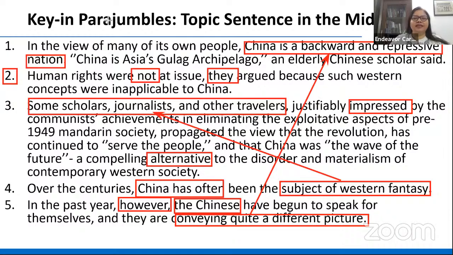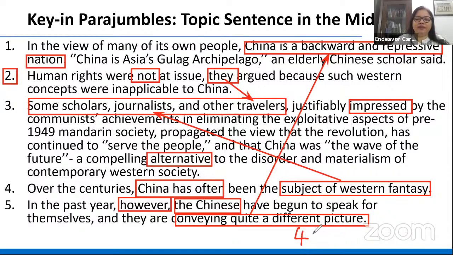That means that the they here refers to the travelers, to the Western travelers. What is their argument? That there is nothing wrong going on in China. Everything is positive. So what is my sequence? My sequence here will have to be, I started with 4.